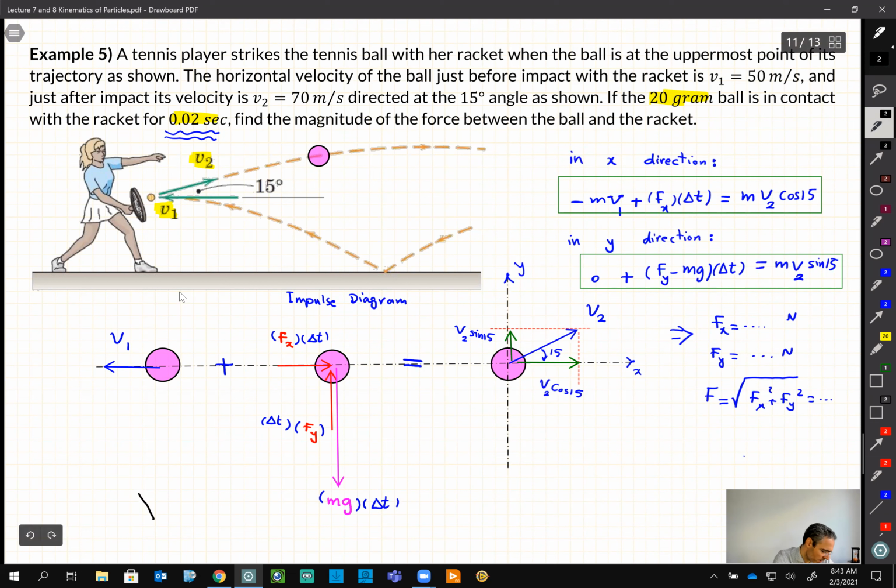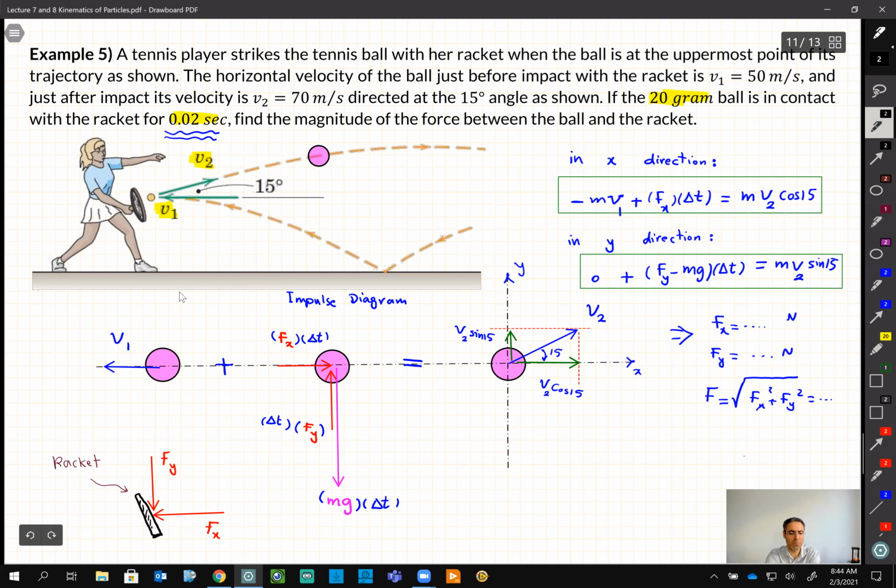So if this is, let's say, the side of the racket, it is going to have an Fx and Fy. Action, reaction, the opposite way. So it's going to be Fx, Fy, and this guy is the racket.